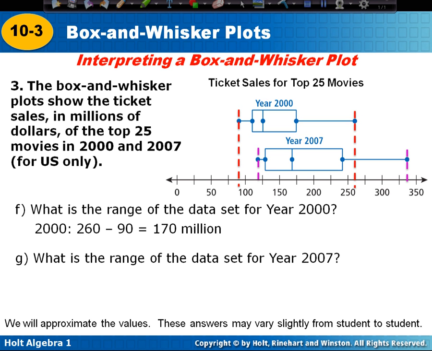Part G says, what is the range of the data set for the year 2007? I'm going to take my maximum and approximate it, and my minimum and approximate it, and subtract those. So 335 minus 120 gives me 215 million. Again, your answer, if you were doing this on your own, would vary some. Make sure you have F and G written before you move on.